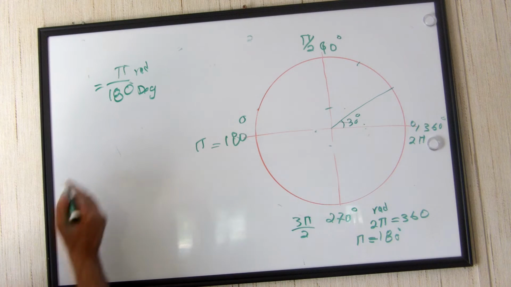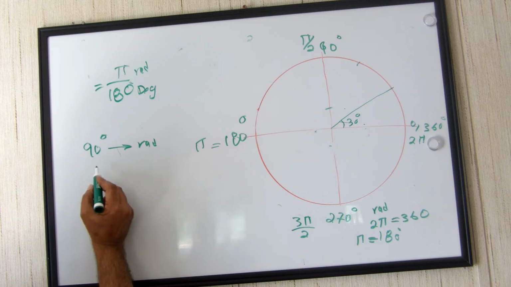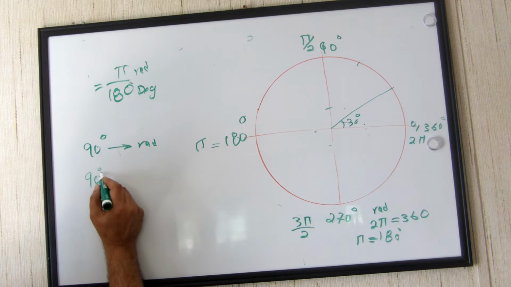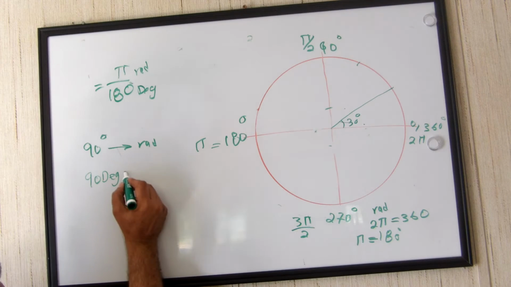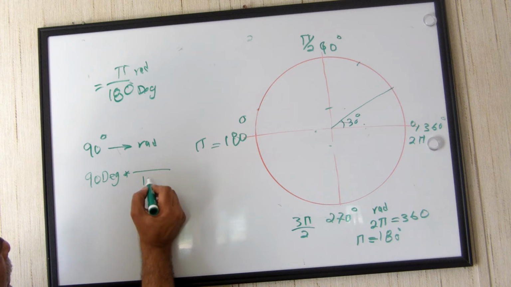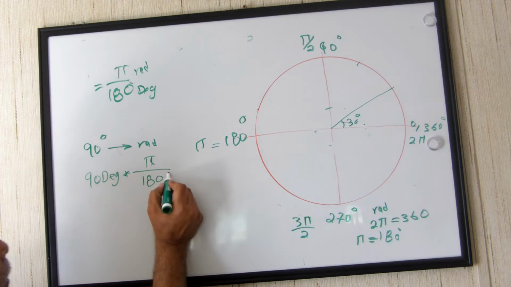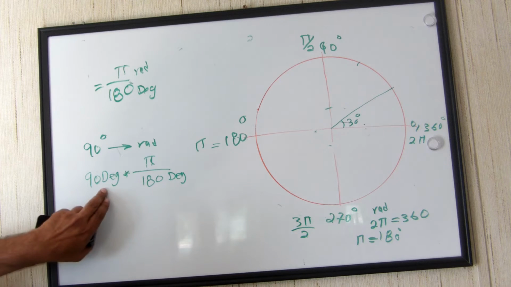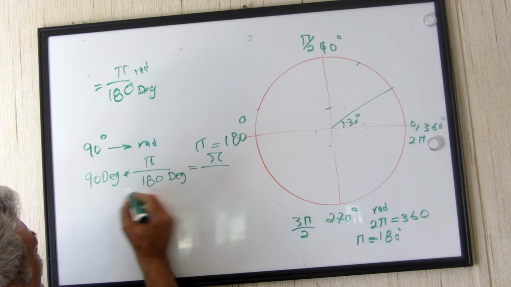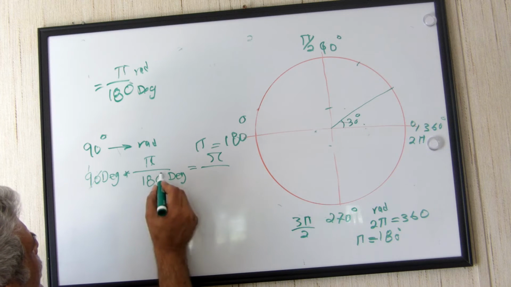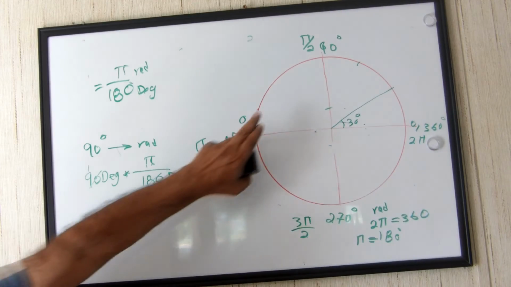If we have 90 degrees here and we want to convert it to radians, we say 90 degrees times, since 1 pi is equal to 180 degrees, we write it in such a way that degrees cancels out. 1 divided by 90, divide this one by 90, is going to be 2. So here's pi over 2. 90 degrees is pi over 2.